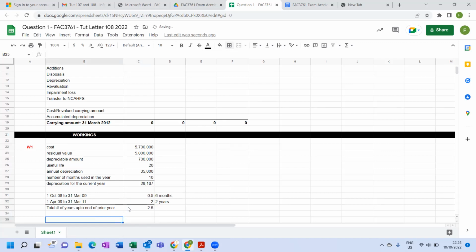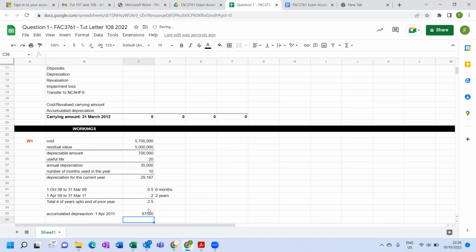Therefore, accumulated depreciation at 1 April 2011 is simply the annual depreciation of 35,000 multiplied by the number of years, 2.5.